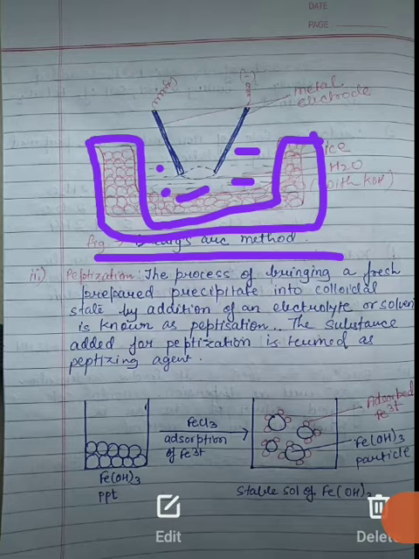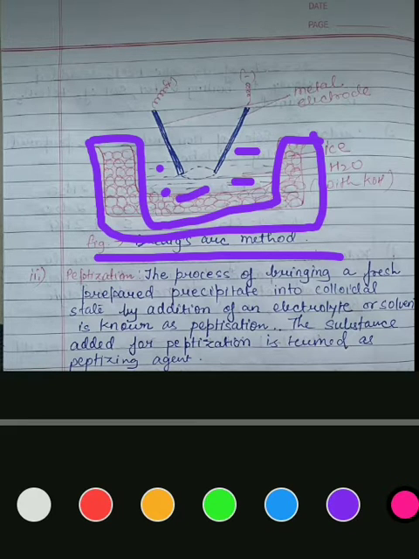Then we have to keep 2 electrodes here. You can see these are the 2 electrodes. The electrodes will be of that metal whose colloid we want.